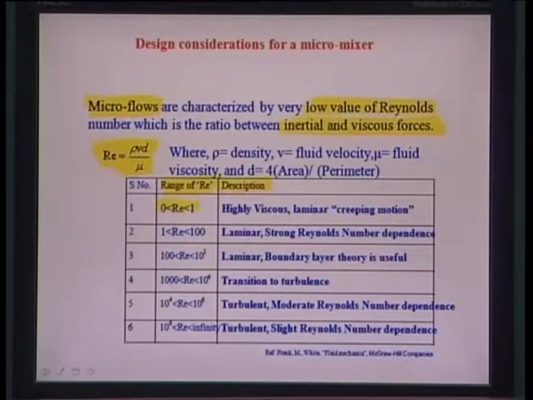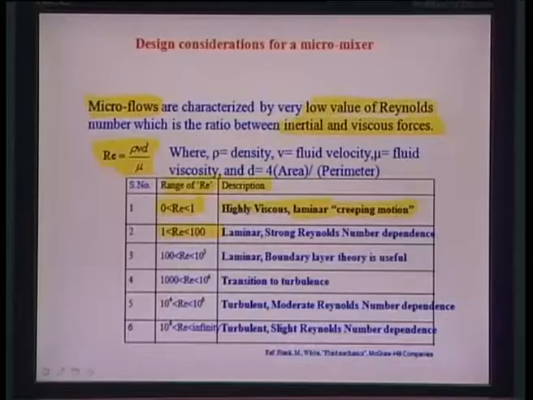As you look at Re between 0 and 1, which is mostly the case in microfluidics, the flows are highly viscous, they are highly laminar, and they execute creeping motion, as if they are moving in a very tightly packed, close packed channel without really interfering much into each other's path. The molecules move in perfect streamlines parallel to each other.